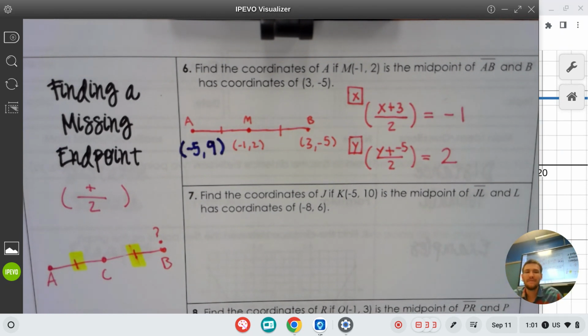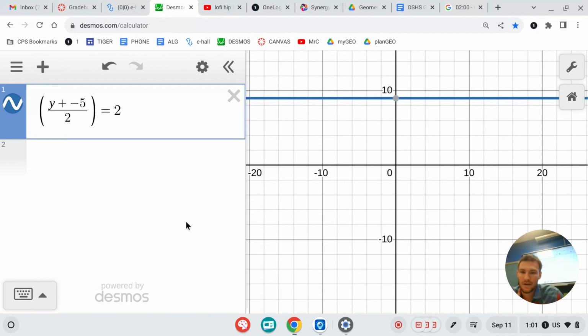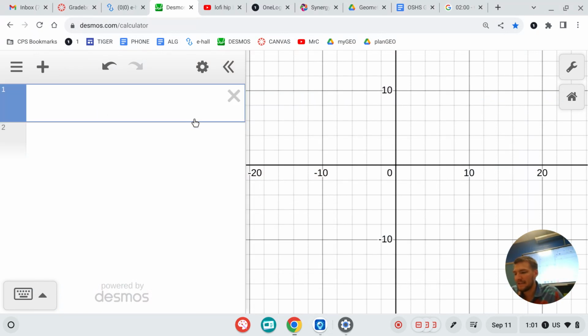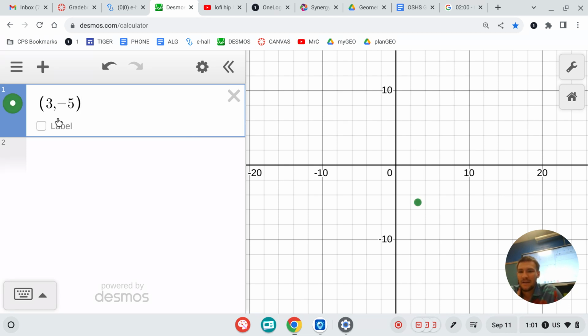Now, just to prove to you guys that this isn't coming out of nowhere, if I type in these coordinates, I know that 3, comma -5, this is point B. That's what they told us in the question.